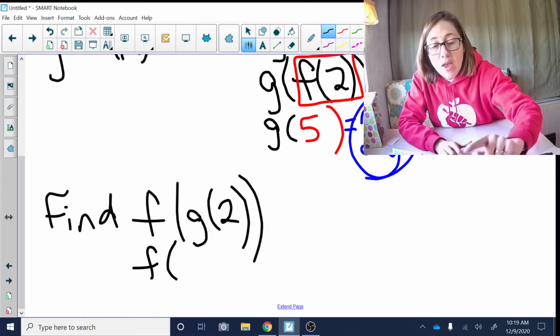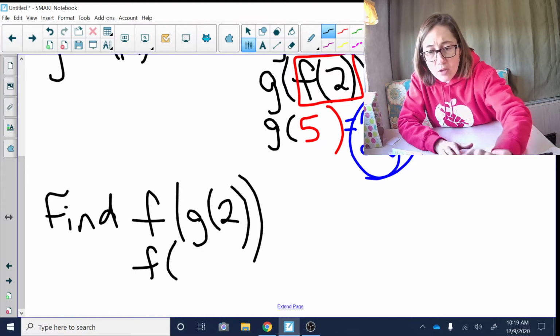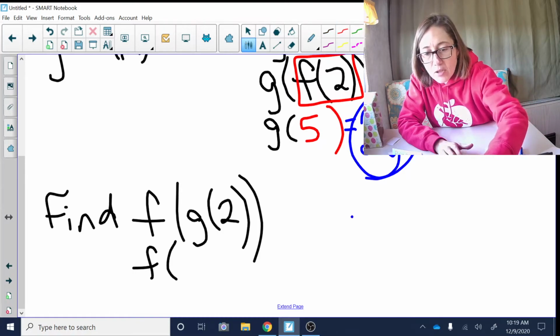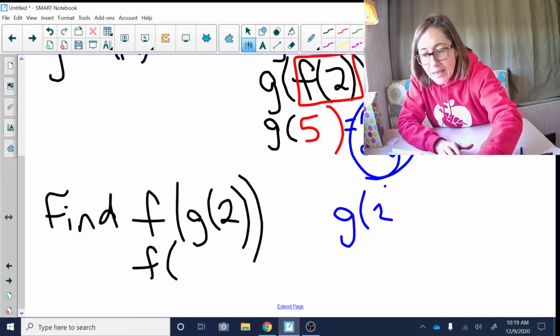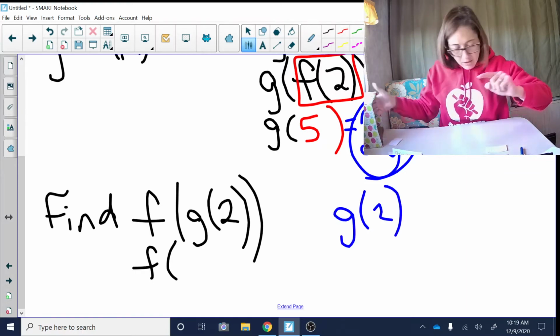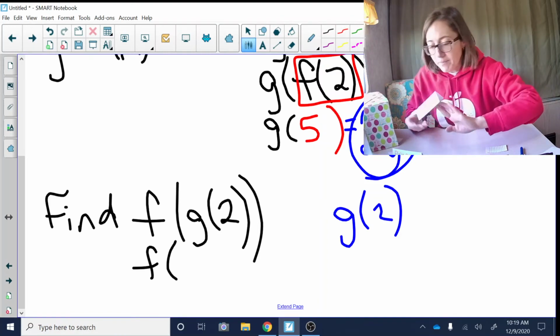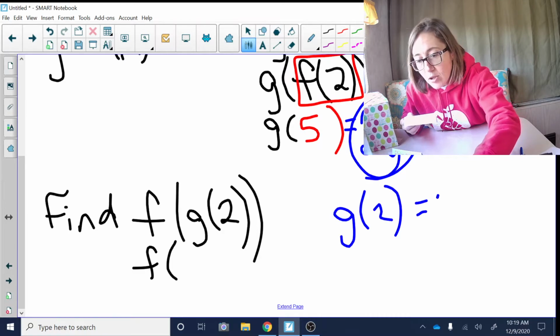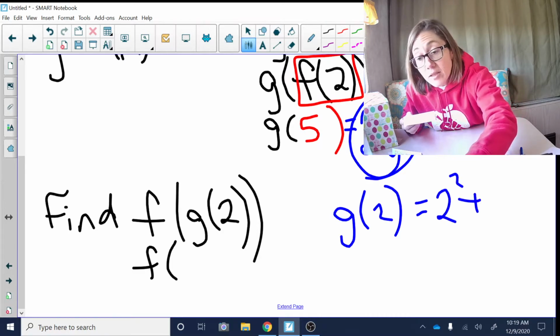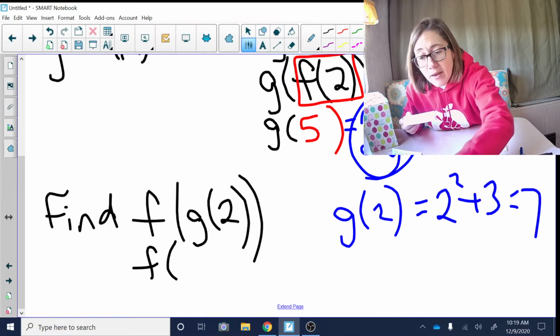Let me document that. Let's find f of g of 2 off to the side here. When I put the 2 into the g function, which was x squared plus 3, I get 2 squared plus 3, which is 7.